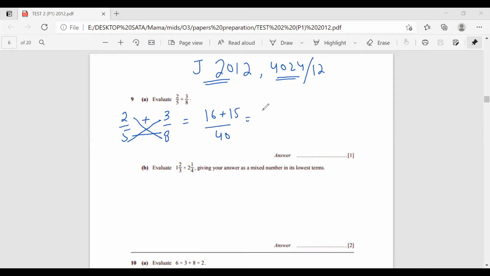After addition, you will get 31 by 40, which is the simplest form. So my answer is 31 upon 40.